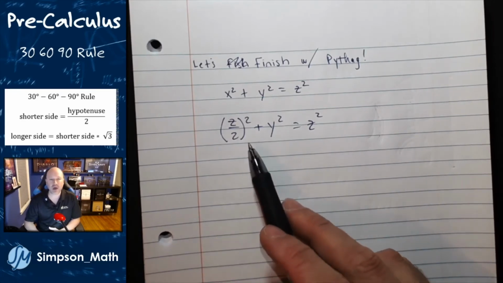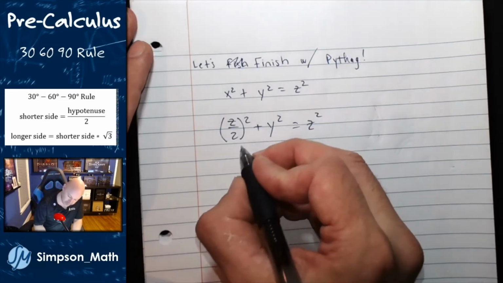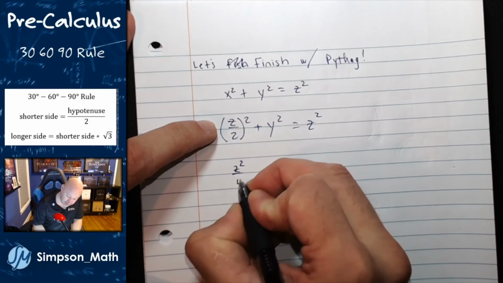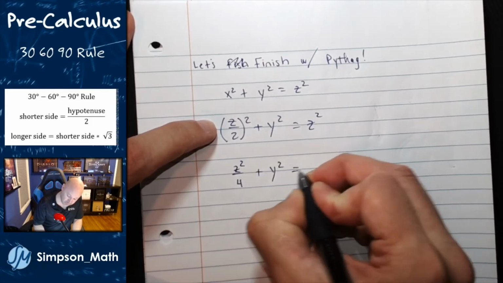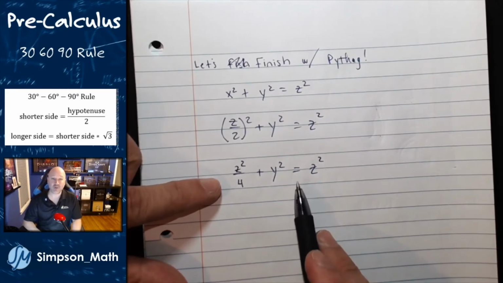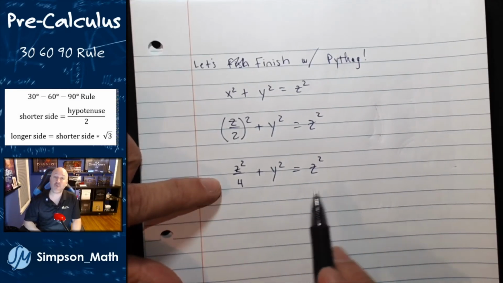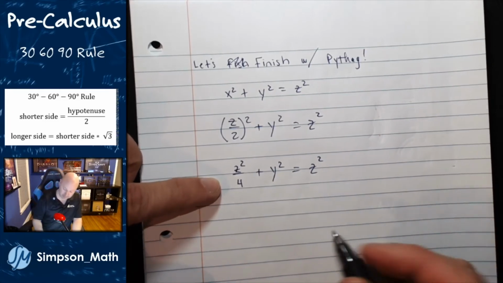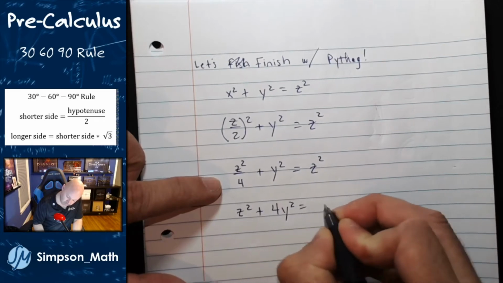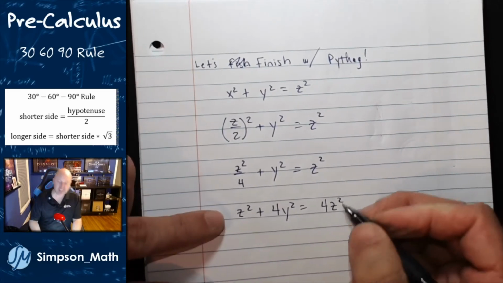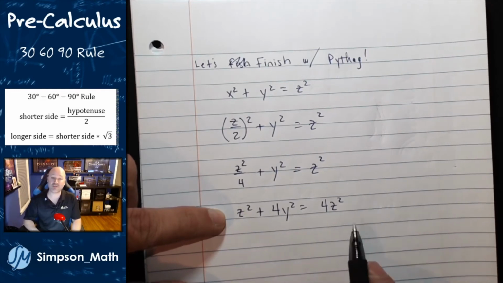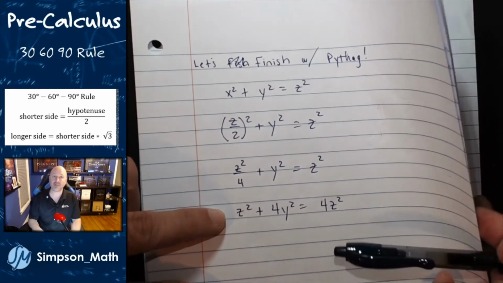To do so, I guess I can square this out real quick. If you have a fraction squared, you can square both numerator and denominator independently. Because I have the equal sign, I'll just multiply everything by 4 to get rid of any denominators. That's going to make it easier to subtract one z squared over to the other side of the equation and combine my z squareds.